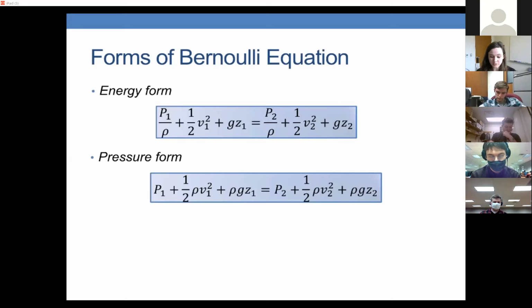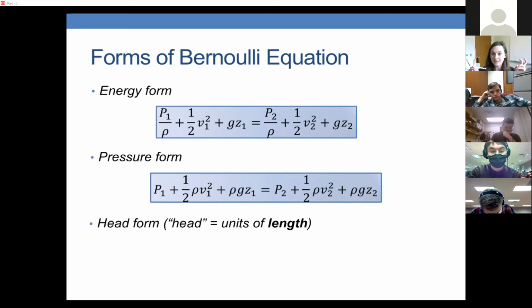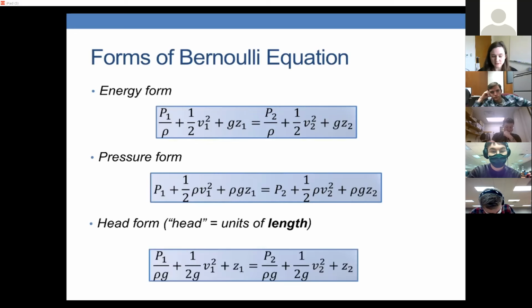You can just multiply everything by density and now the units of each term are pressure, or what we call head form, where everything is units of length. We're going to use the word head a lot throughout this class. Head means that we express everything in units of length, which means you can take a pressure and divide it by rho g, and you get a head that represents a pressure term.